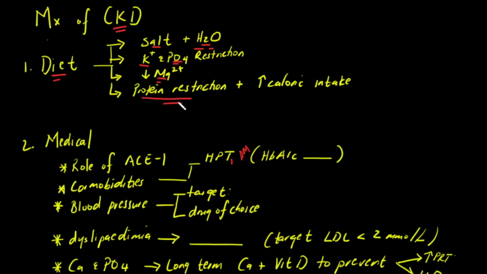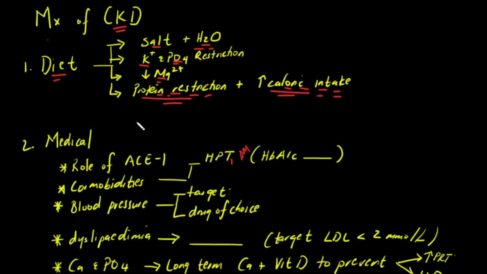Very important, but taking enough adequate caloric intake in order to limit that endogenous protein catabolism. So you want to make sure that at least your body is using something else for energy so that it doesn't break down protein, because the moment you break down protein, you are raising your urea level and uremia is imminent. So that's very important to know.